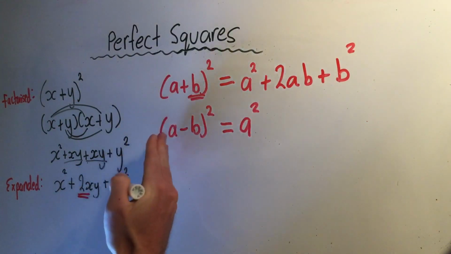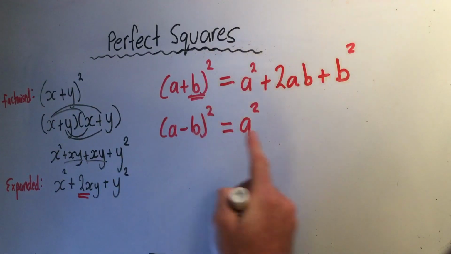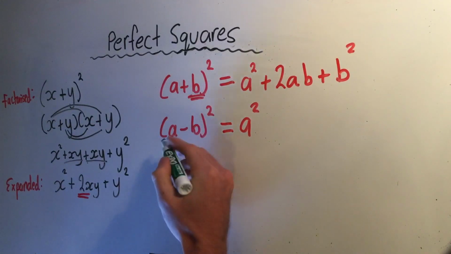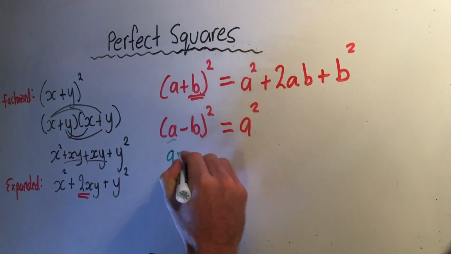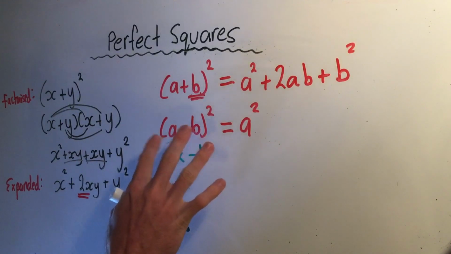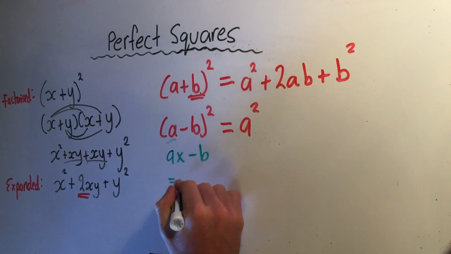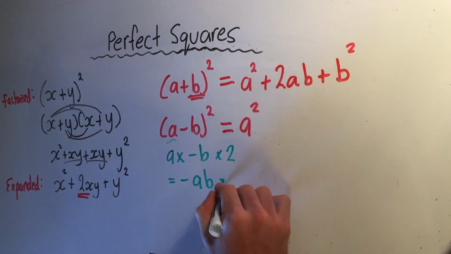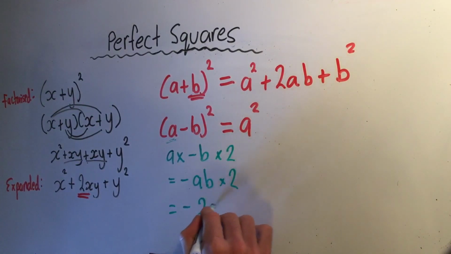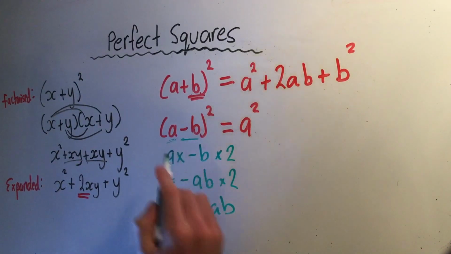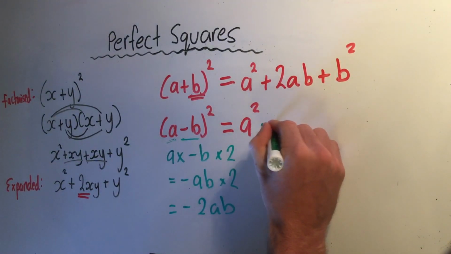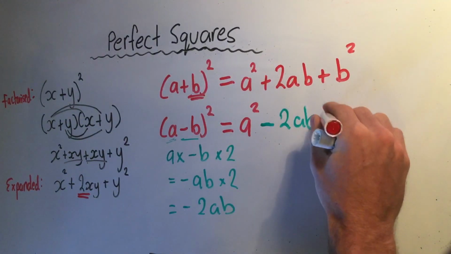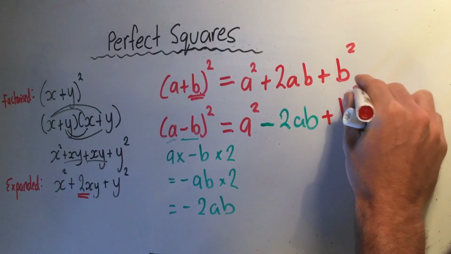The first one's going to be the first term squared, the last one's going to be the last term squared, and the second one is going to be a, I'll write it here, a times minus b, we're just timesing the two together in the bracket, which is going to equal minus ab, times 2, which equals minus 2ab. So don't forget that the negative is important in that it's going to become minus 2ab. And then again, minus b times minus b is plus b squared.